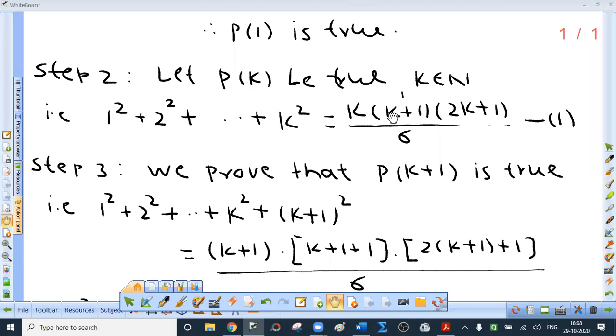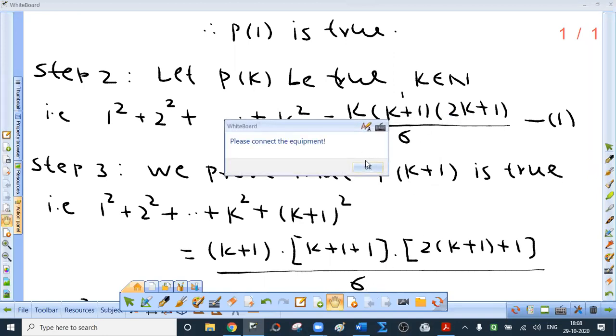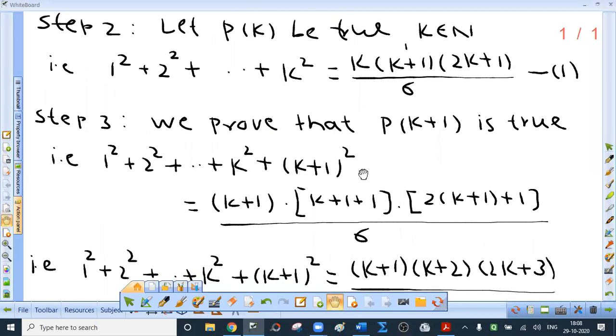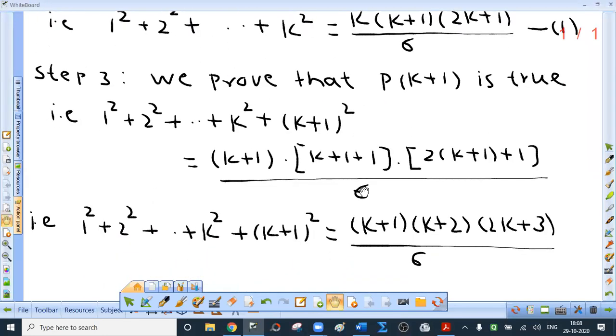So k plus 1 into k plus 1 plus 1 into 2 in bracket k plus 1 plus 1. So on simplification, you get this. Means we have to prove 1 square plus 2 square plus dot dot dot plus k square plus k plus 1 square equal to k plus 1 into k plus 2 into 2k plus 3 upon 6.